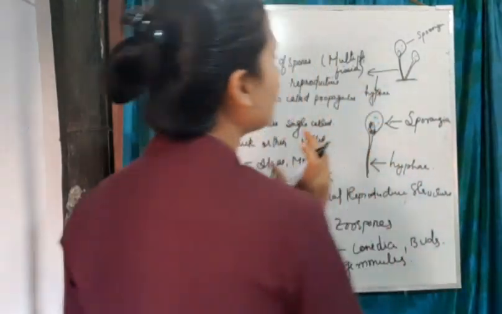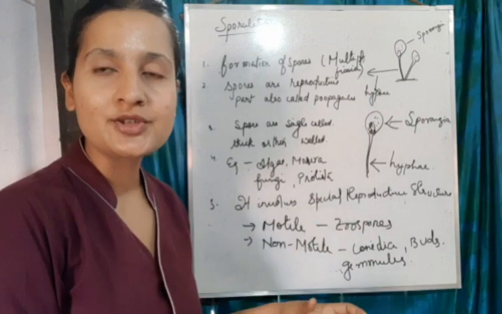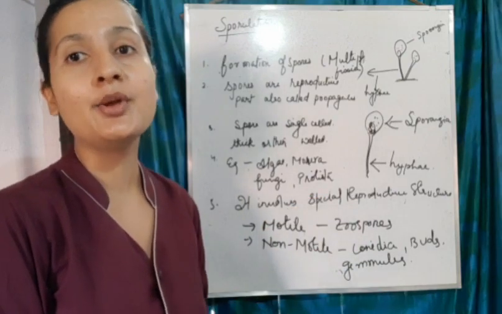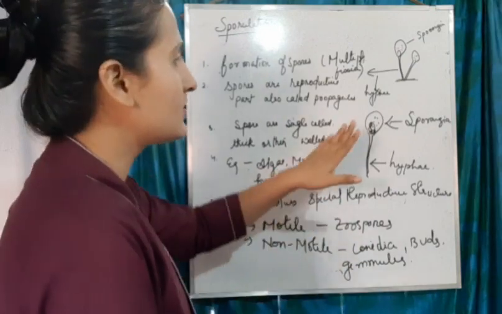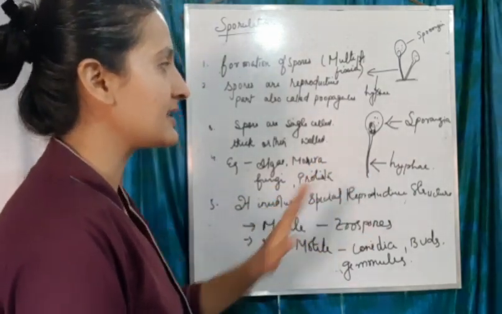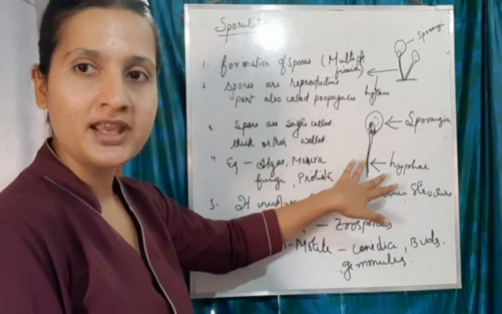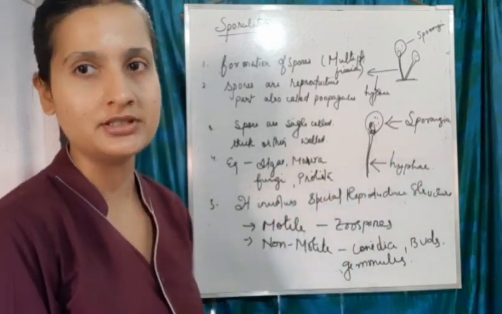This sporangia contains spores in it, which take part in reproduction. So sporangia is a reproductive part, whereas hyphae is a non-reproductive part because it does not take part in any reproduction.